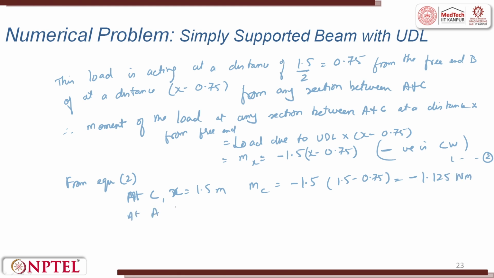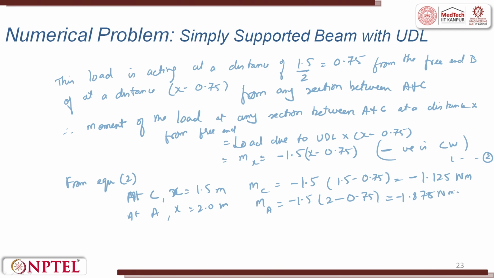At A, x equal to 2 meters, so MA is equal to minus 1.5 into 2 minus 0.75, which is minus 1.875 Newton meter, right?